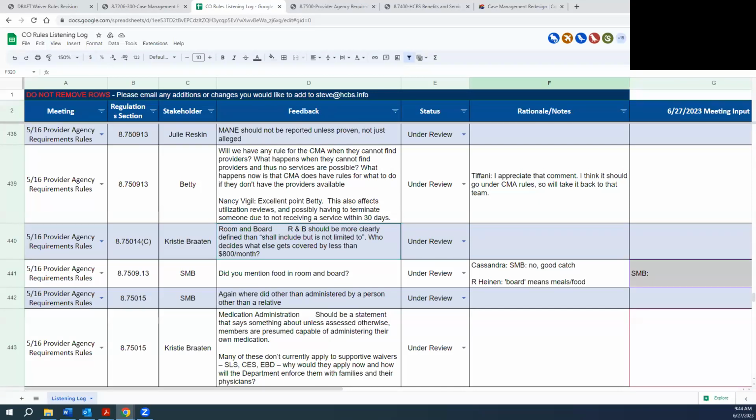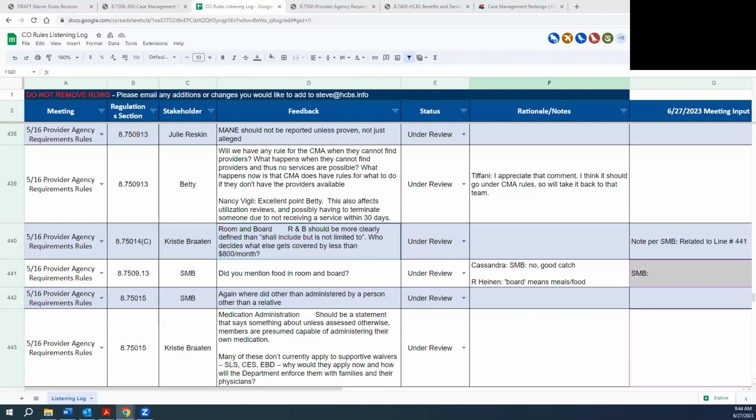All related to that. I'm not sure where that ended up. I know that board means food, but I think for people who are looking at this and agencies who put the rules out there for their host home providers, we need to say meals. That it is a big issue.